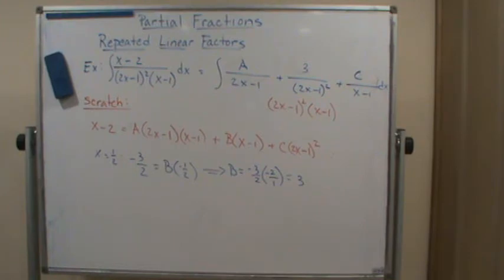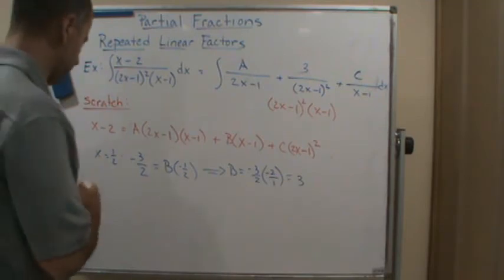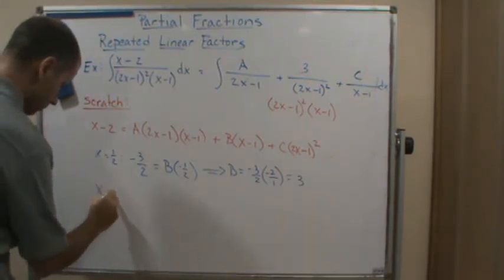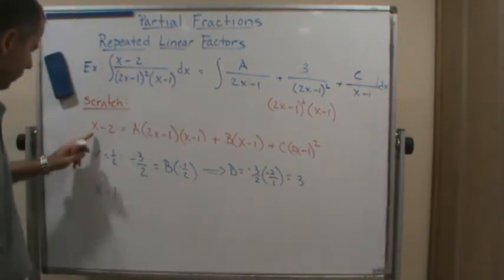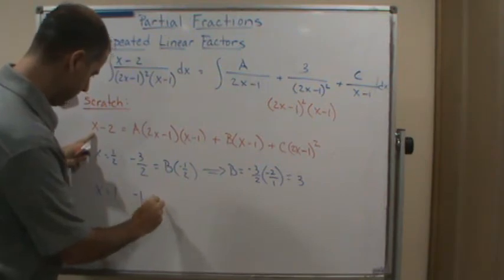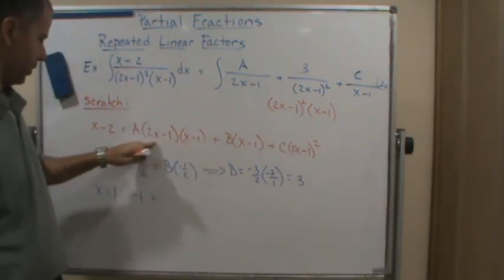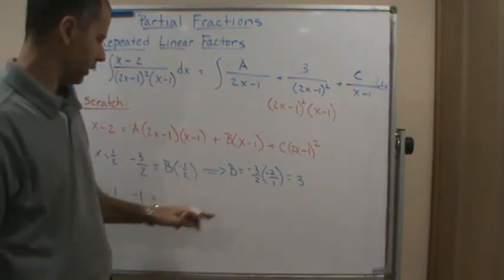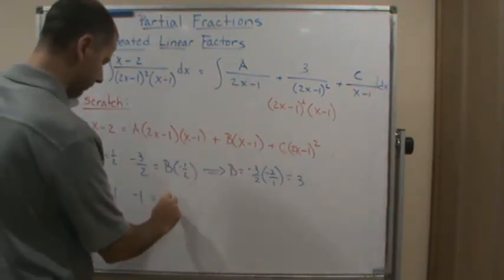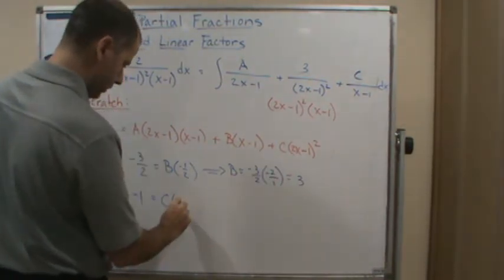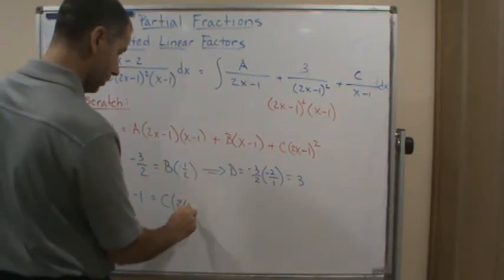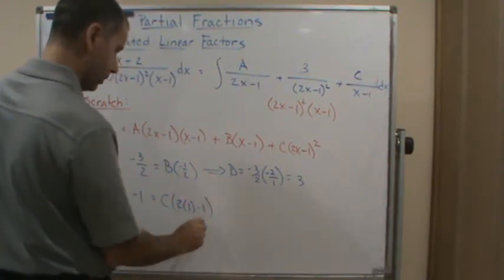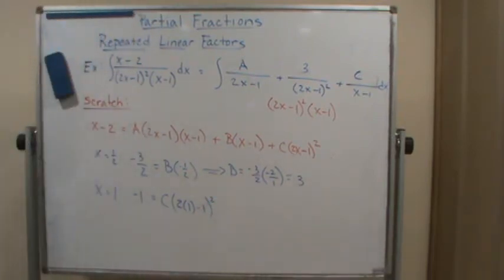So now, let's do x equals 1. So if x equals 1, we get negative 1 equals, well, here this goes away, so this gives us 0, this gives us 0, we get c times 2 times 1 minus 1 squared.